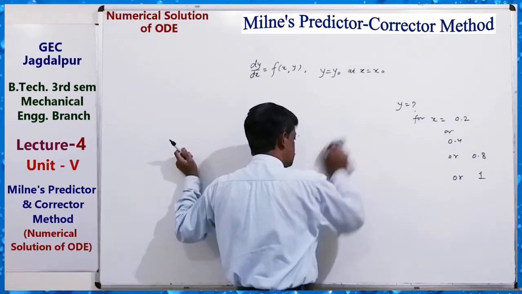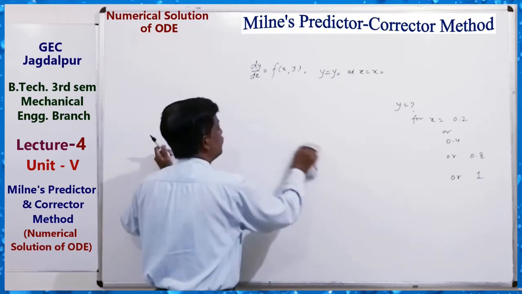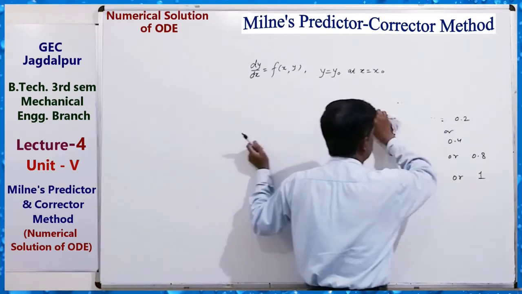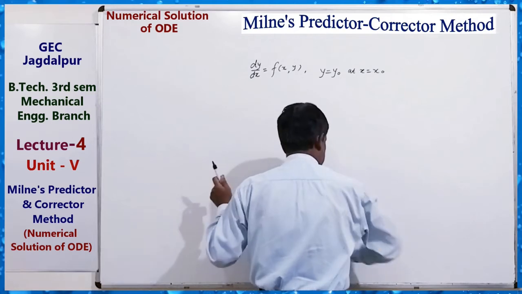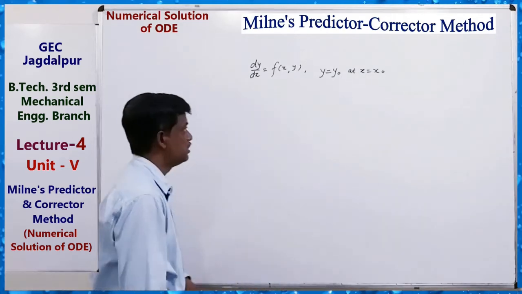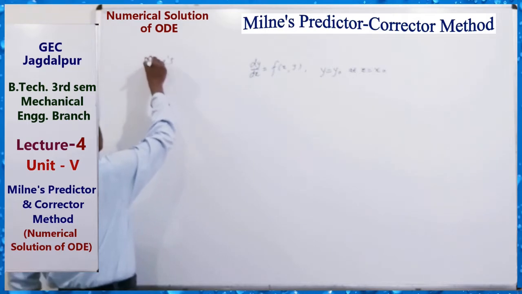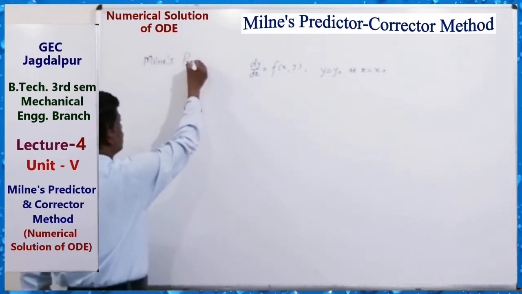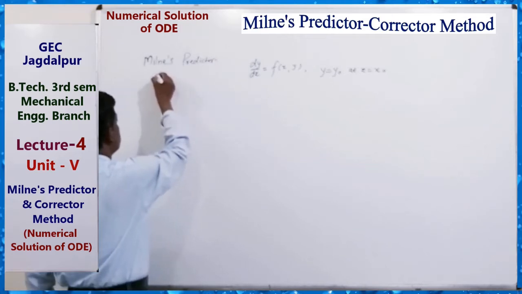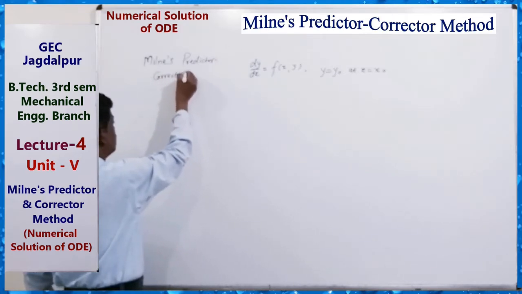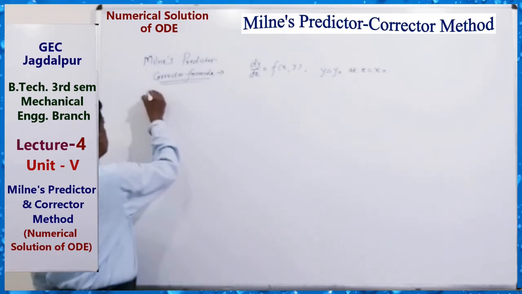If we are given only a single value like this, our target is finding the three previous values, and then we will use the prediction-correction formula. Here is Milne's predictor and corrector formula. We use Milne's method.